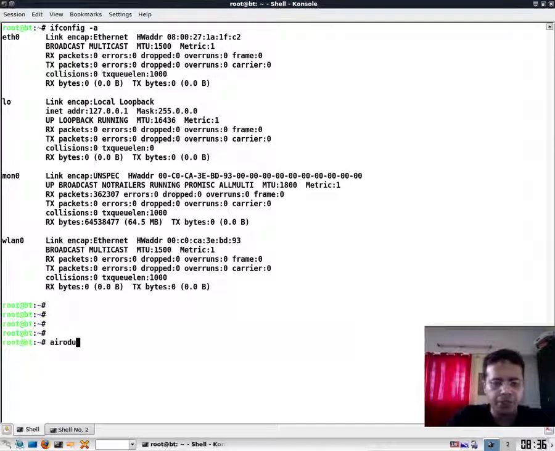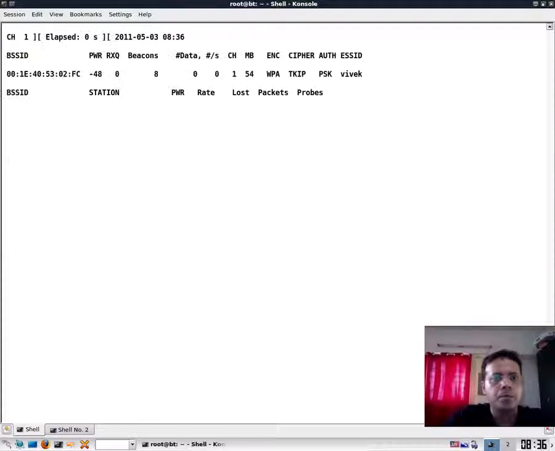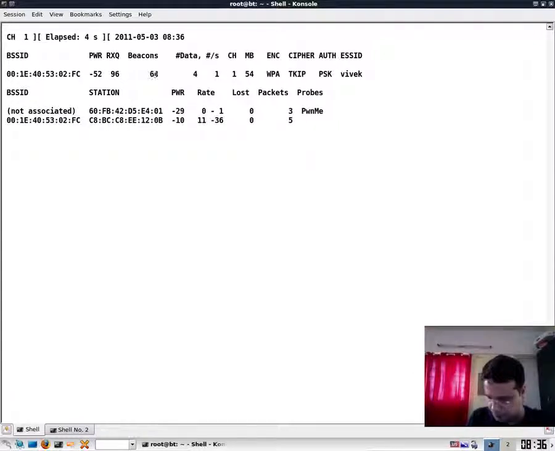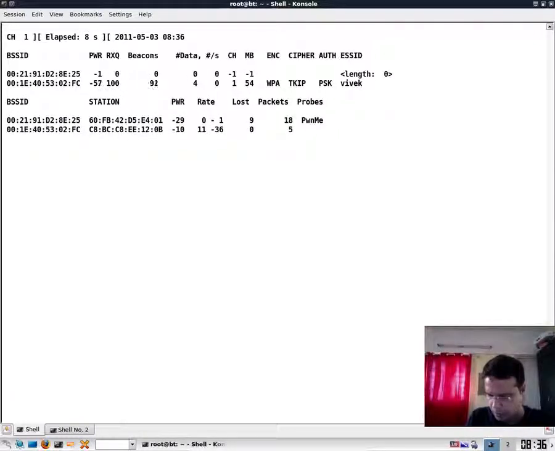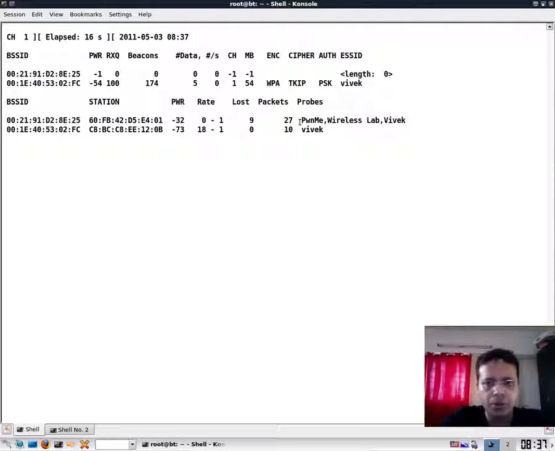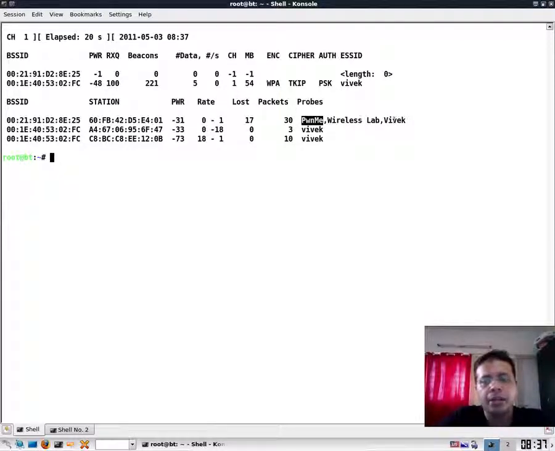What I'm actually going to do is run this on channel 1, and then I'm going to go ahead and monitor the client. So if you notice, I already see a client which is going ahead and probing for various networks, one of which is actually PwnMe, the other is Wireless Lab, the third is Vivek.